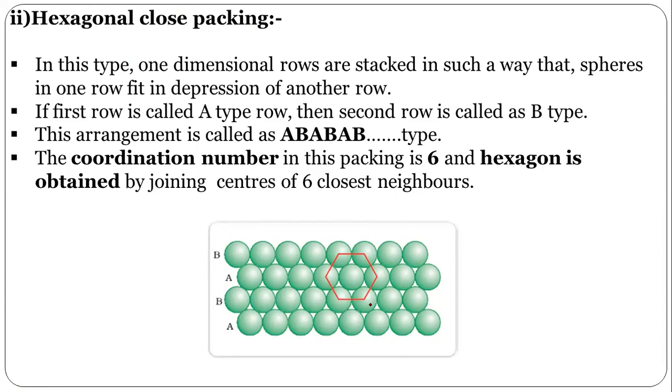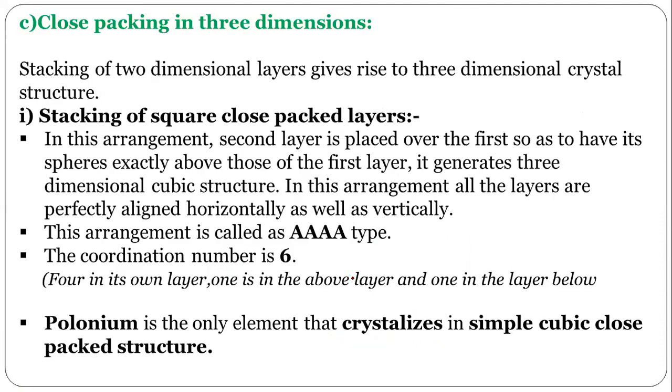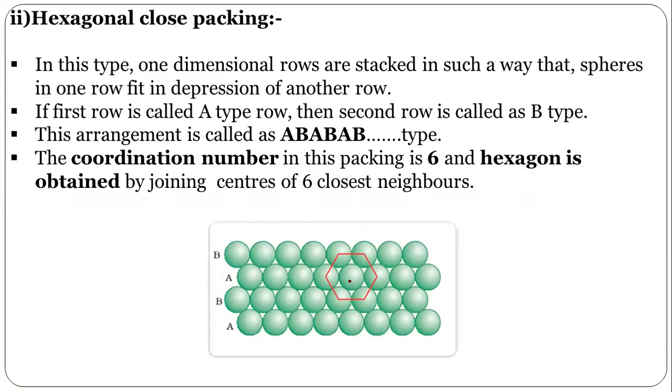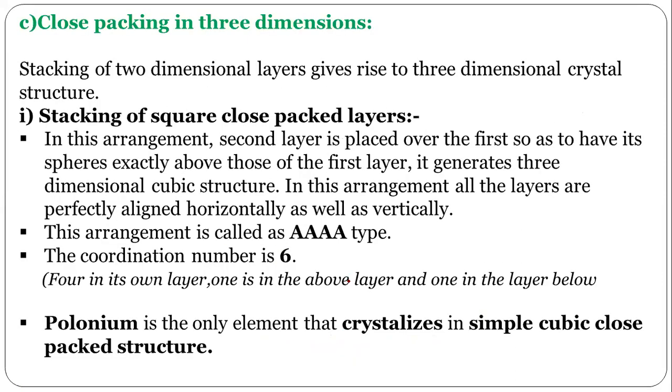The coordination number is 6 because here we can see the hexagon is obtained, and any sphere is in touch with 6 spheres. So this is about one dimension and two dimension close packing.